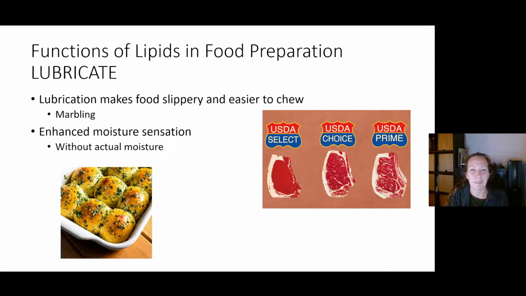But if I did the same thing with water and subbed out my butter for water, that would not be nearly as appetizing, right? Not just from the flavor standpoint, but instead of it just feeling moist, it would actually be moist and we would have soggy, disgusting bread, right? So that is the benefit of fat and lubrication, it adds that moisture sensation without actually adding water.